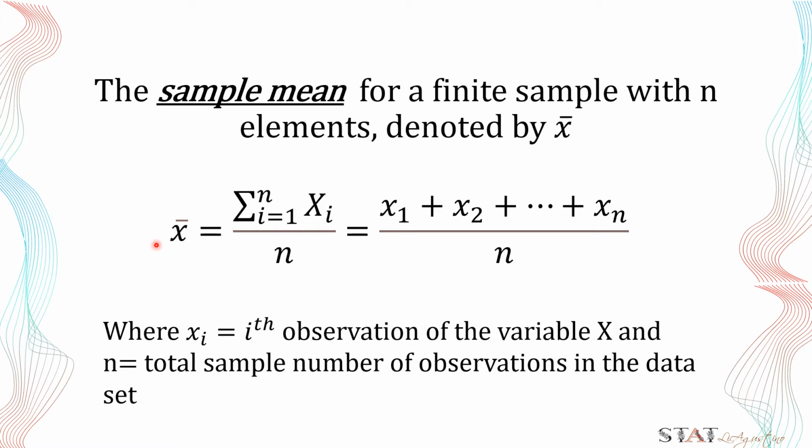So x bar is equal to the summation of xi, where i ranges from 1 to n. See that it is small letter n because I'm talking about the sample size, or the number of observations, and that is equal to x1 plus x2 plus ellipsis until xn, over, or divided by, the sample size n. Where xi is the ith observation of the variable x and n is the total number of observations in the data set.